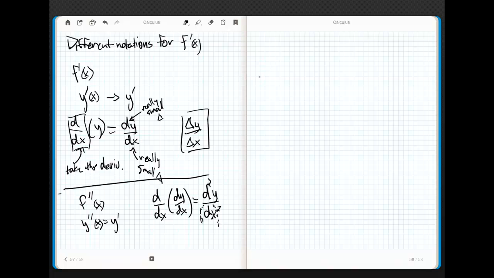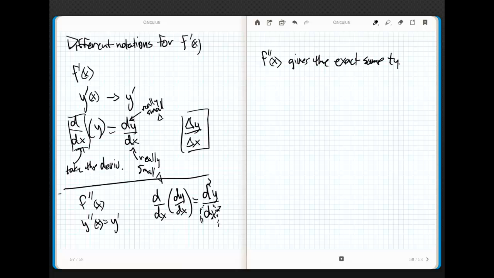Now, the thing that I want to really emphasize about higher order derivatives, second derivatives, third derivatives, etc., is that, think about it this way. f double primed of x gives, and this will be my mantra, the exact same type of information about f primed of x as f primed of x gives about f of x.